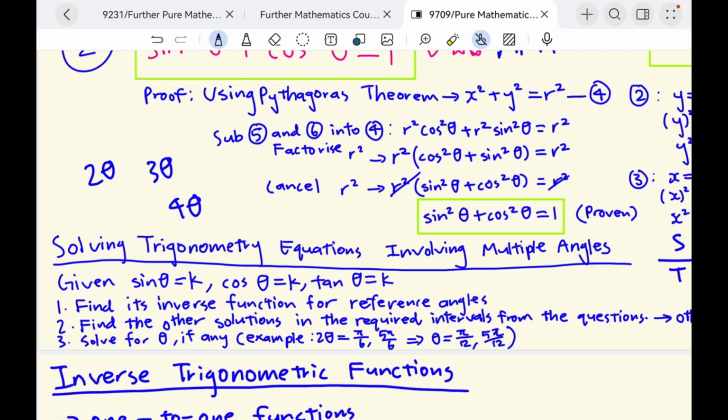So you must keep the result of the inverse function of the trigonometric function, and then find the other solutions from the other intervals. Finally, find all the solutions from the required intervals from the questions, and finally you transform into a single theta. Check what the question wants.